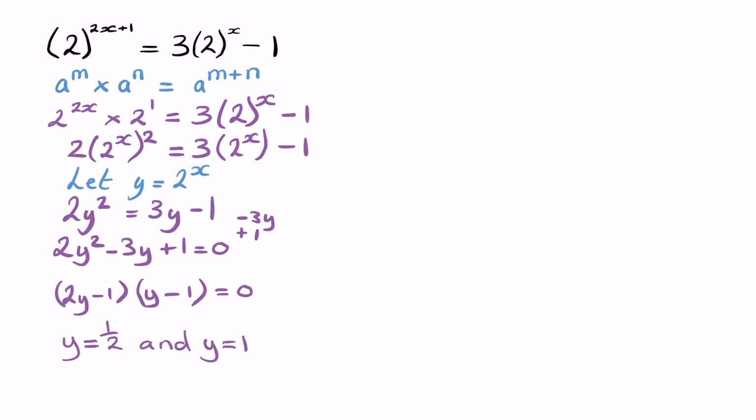Substitute those values back into y equals 2 to the power of x. Well, for the first one, if a half equals 2 to the power of x, we can rewrite the half as 2 to the power of negative 1. And if that equals 2 to the power of x, we can see that x equals negative 1.